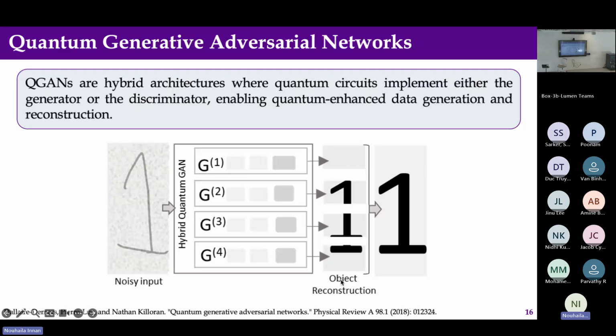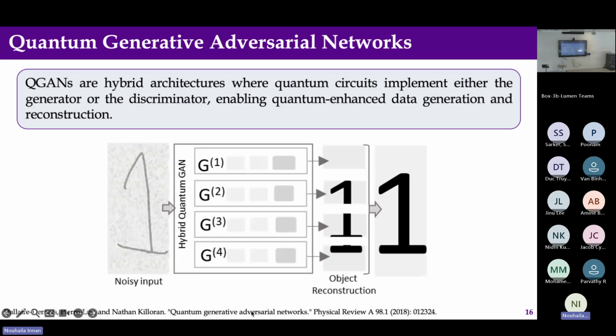Right now, as far as I know, most of the quantum generative adversarial networks are hybrid, because this type of architecture is too large to be implemented fully in quantum. So it's possible to design the hybrid. Either the generator or the discriminator is implemented in classical computing, the other part in quantum, for example, as we see in the figure.